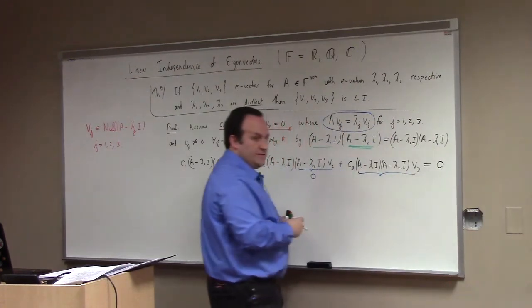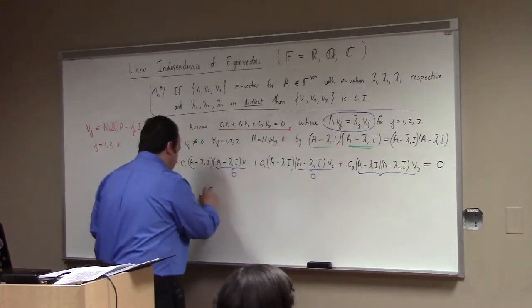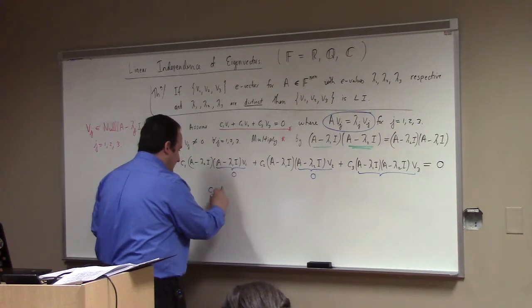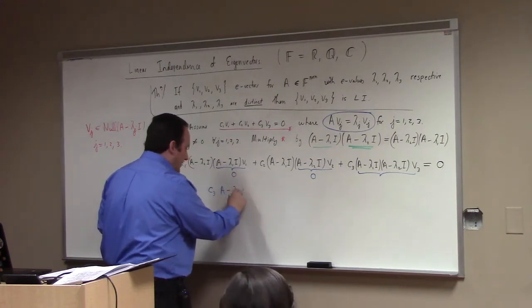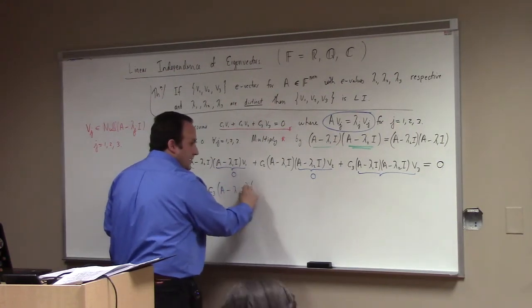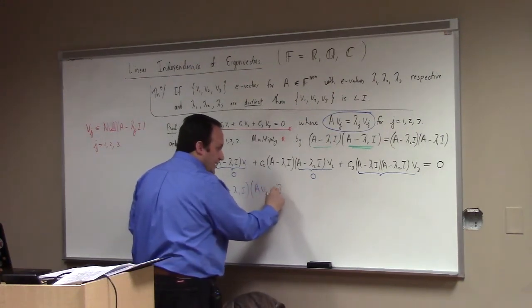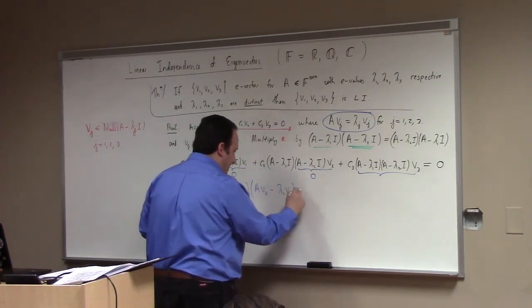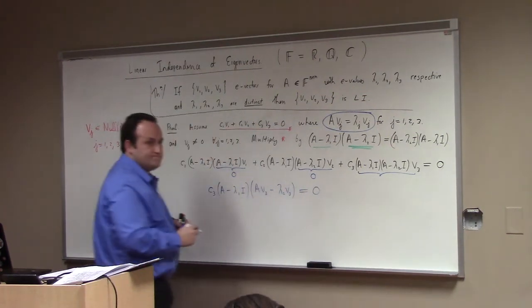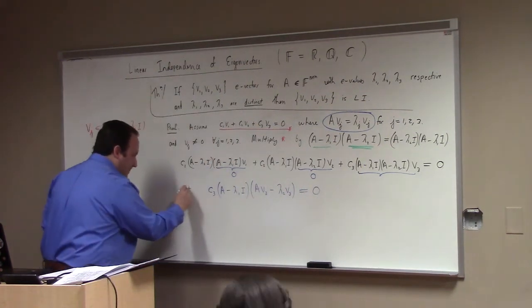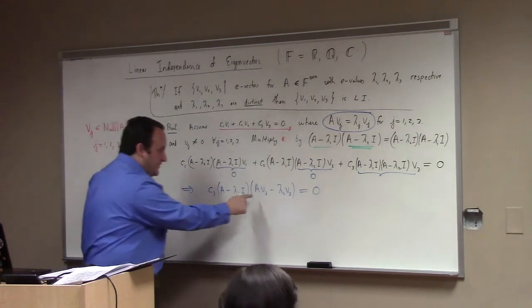Let's do the calculation. So we've got c3 (A minus lambda 1 I) A v3 minus lambda 2 v3 equal to 0. But what is A v3?